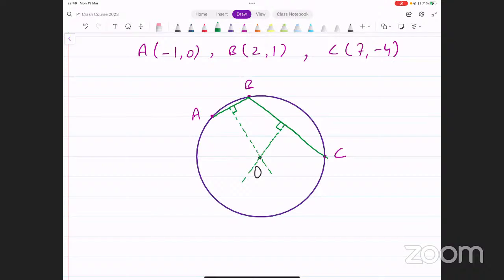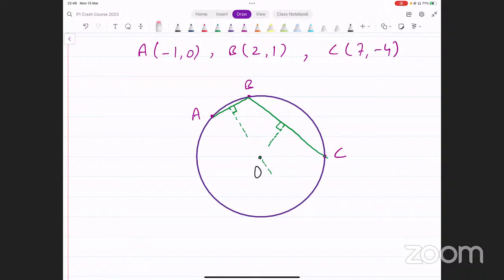So if we can find the perpendicular bisectors of these chords and solve them simultaneously, since they're going to intersect at the center of the circle, we can find the center's coordinates by solving them simultaneously.